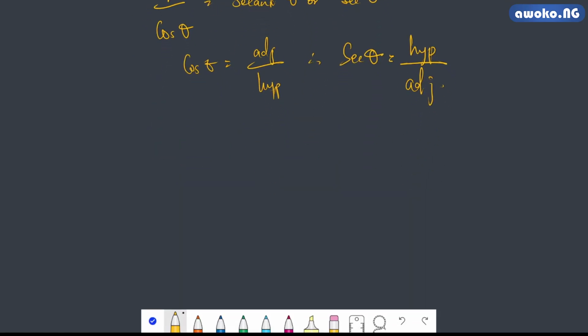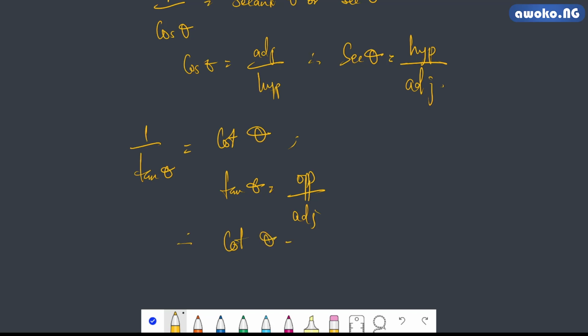And we can also consider the cotangent, that's 1 over tan theta equals cot theta. And if tan theta is opposite over adjacent, therefore cot theta will be equal to adjacent over opposite. Is that understood? So this is the relation that governs the inverse or the reciprocal of trigonometric functions.